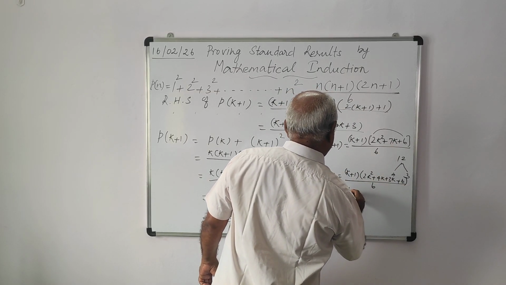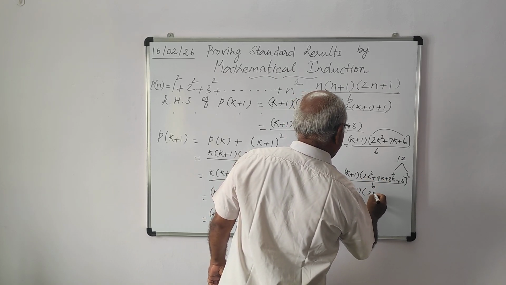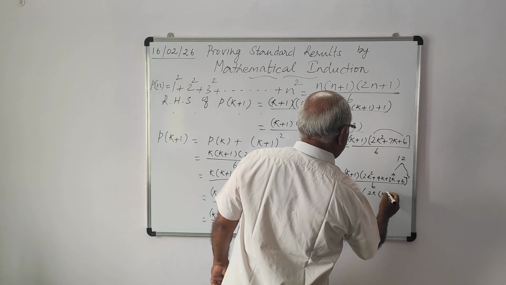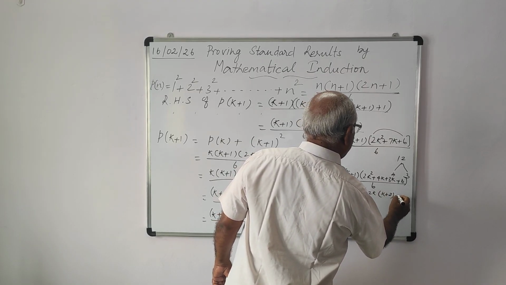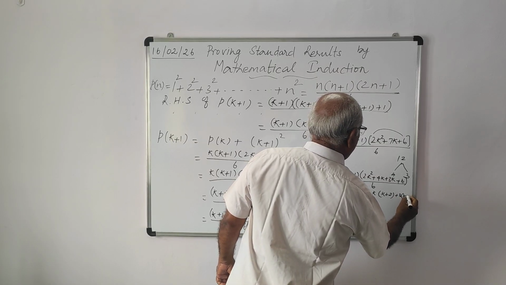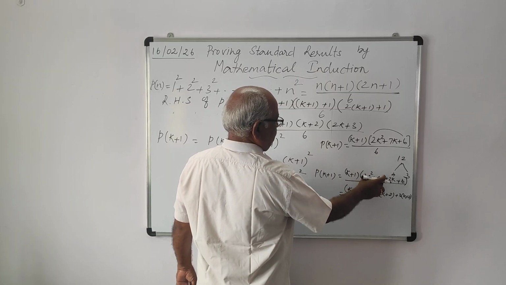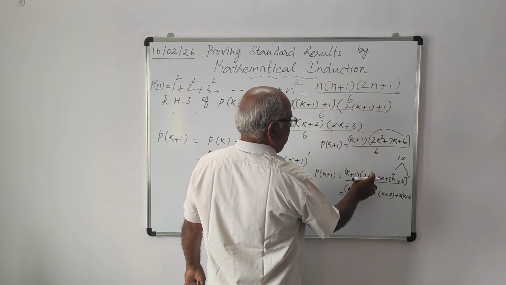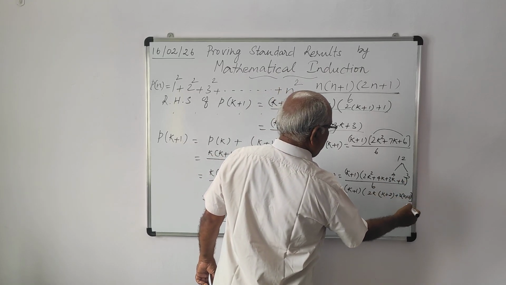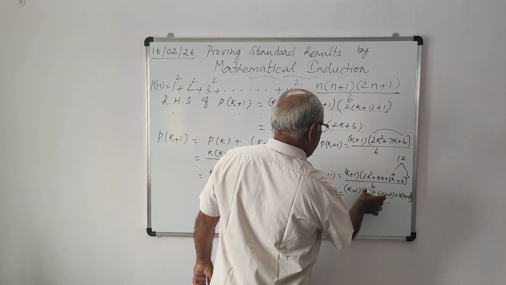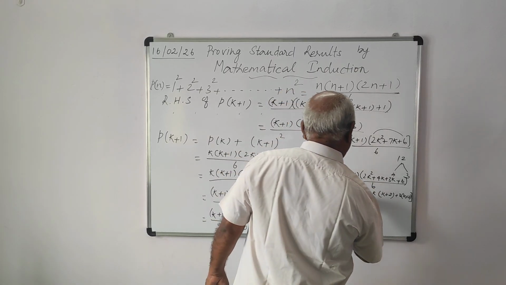This is equal to k plus 1 into, if you take 2k common in these first two terms, you will get 2k into k plus 2. And if you take 3 as a common term in the other two terms, you will get 3 into k plus 2, all by 6.